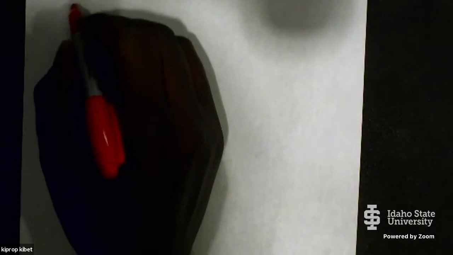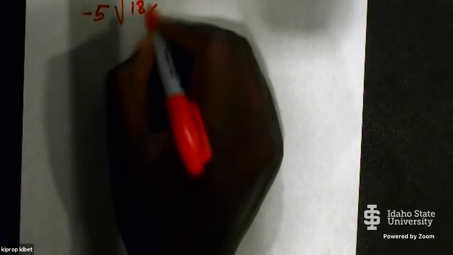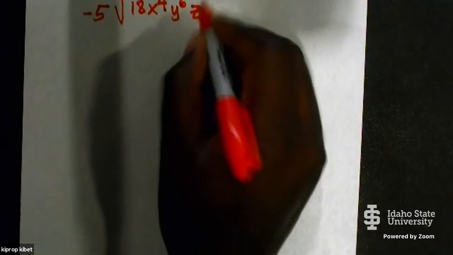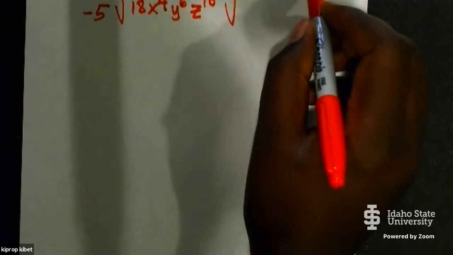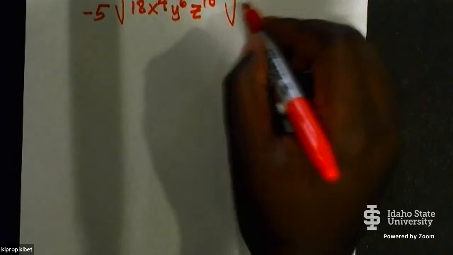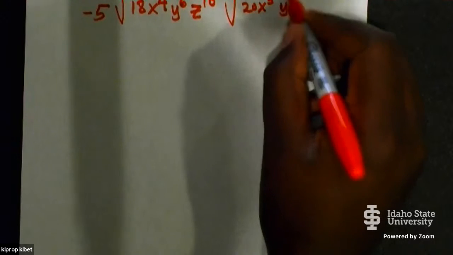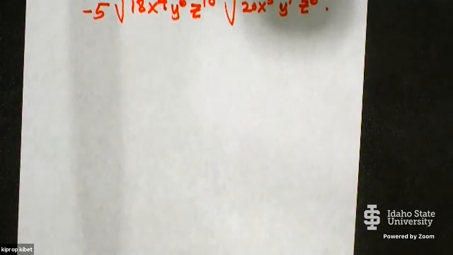So let's say you're given minus 5 the root of 18x raised to 4, y raised to 6, z raised to 10, and then again the root of 20x raised to 5, y raised to 9, and z raised to 6.